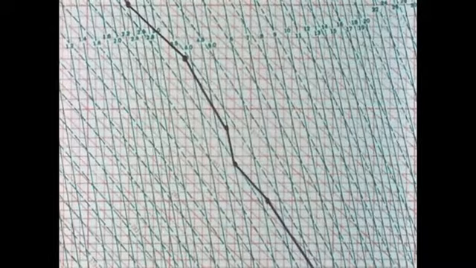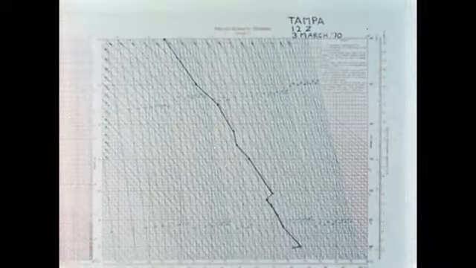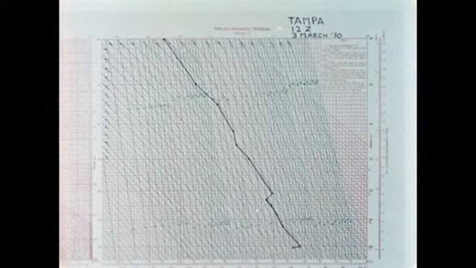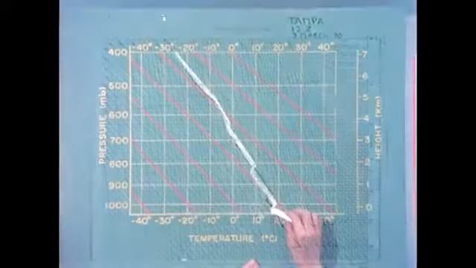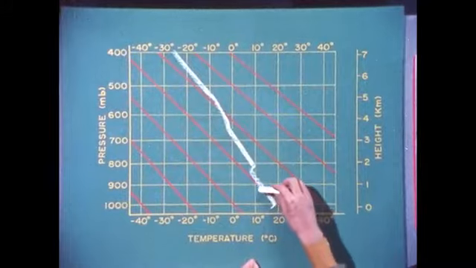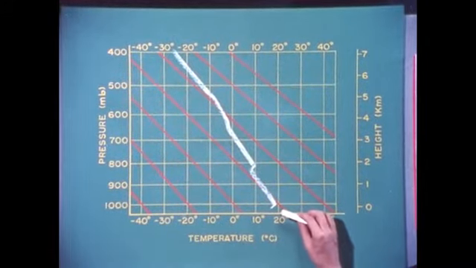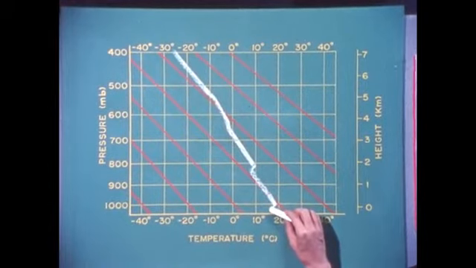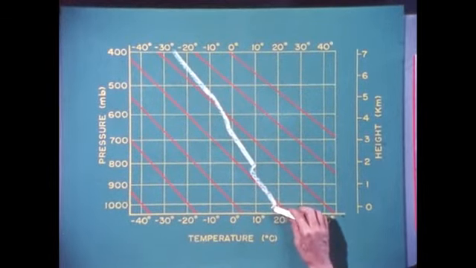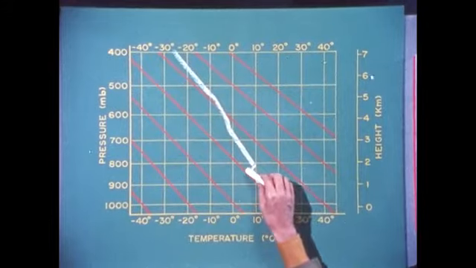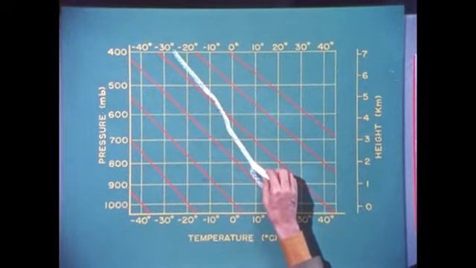I specify this temperature distribution copied from one measured early one sunny morning at Tampa. You notice the temperature decreases or lapses as one goes up. This gives the name of lapse rate to this way of picturing the atmosphere. And where the temperature increases, this is called an inversion.